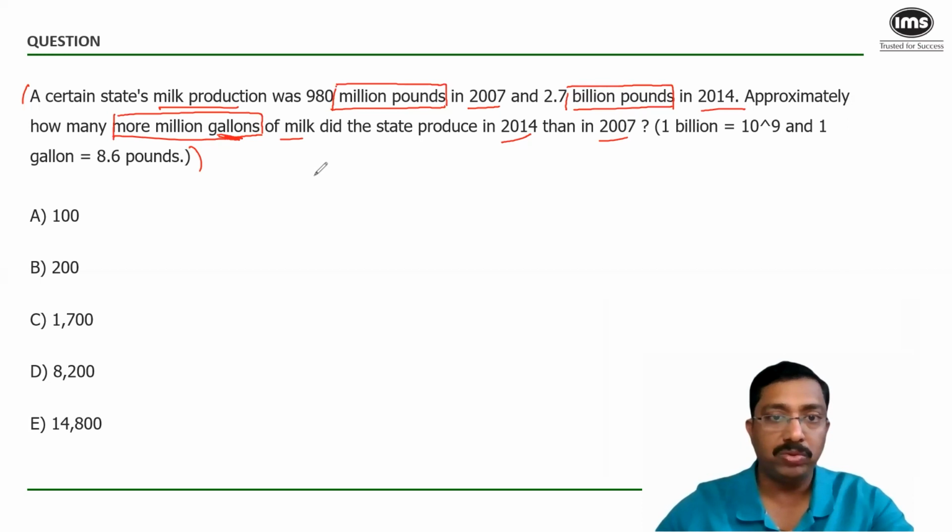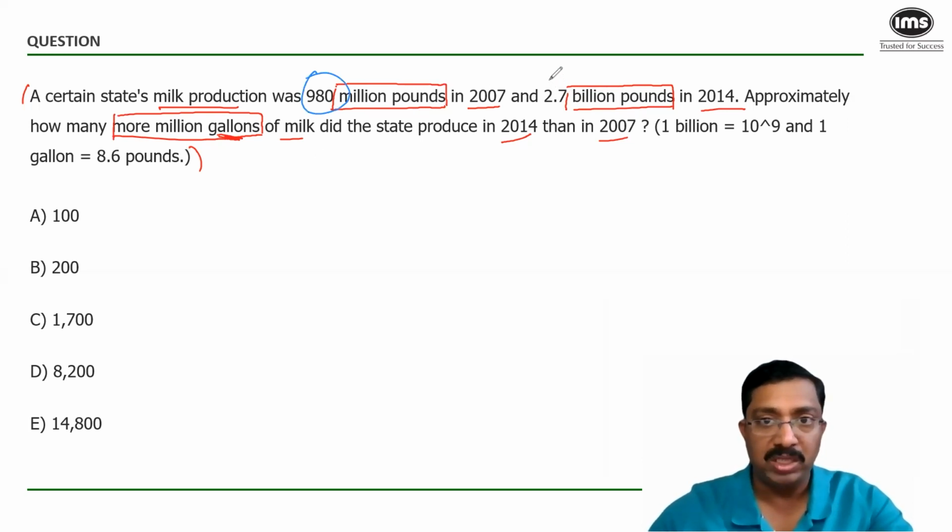Now, coming to the question, we are given that in 2007, the milk production is 980 million pounds, and in 2014, it's 2.7 billion pounds. If you know that 1 billion is 1,000 millions, then this 2.7 billion gets converted into 2,700 million pounds.